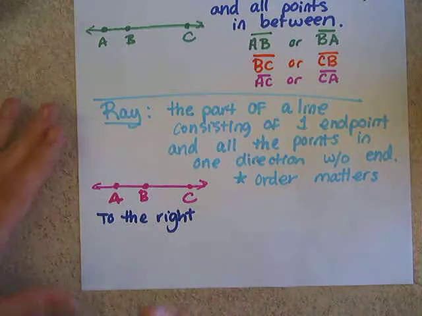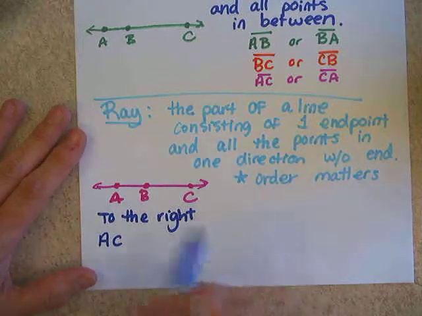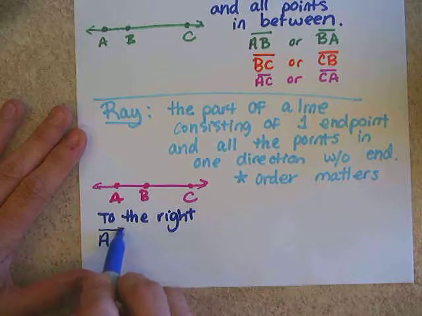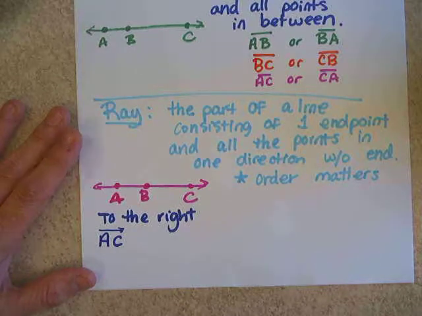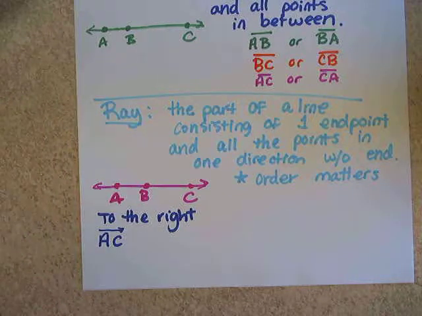You won't have to write this on your homework, but just in case you go back to your notes to look at this. We have rays going to the right, okay? So if I talked about AC, your over the top is going to be an arrow always to the right. Some people think if they're talking about the ones going to the left, they should change their arrow. You don't change the arrow. The arrow always goes to the right.